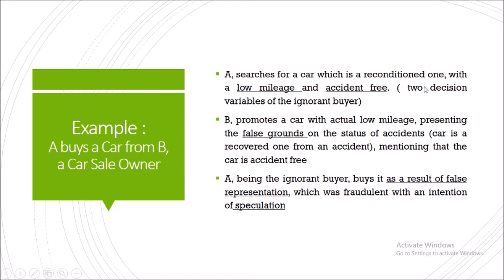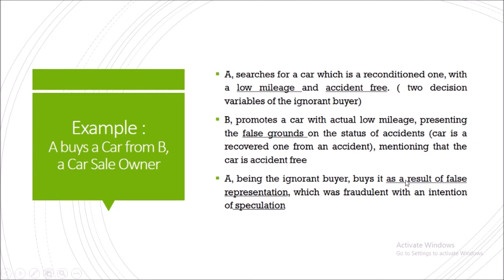Now low mileage is of course correct, and the car is stated to be accident free. Since these 2 variables are fine with him, the buyer will definitely go for the purchasing decision. In that case, A, being the ignorant buyer, because A is always ignorant, doesn't have sufficient information.